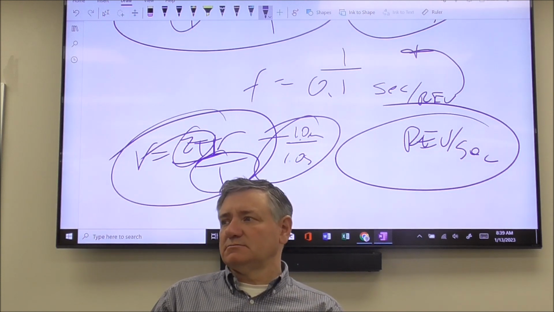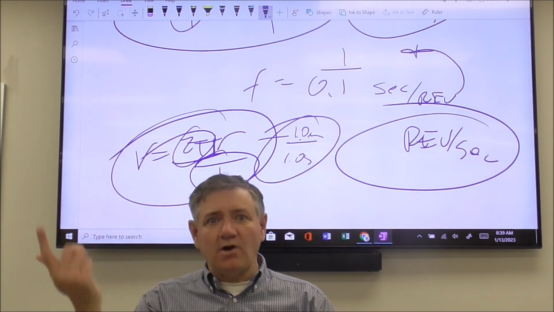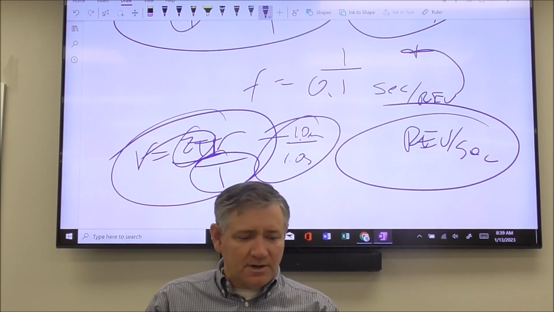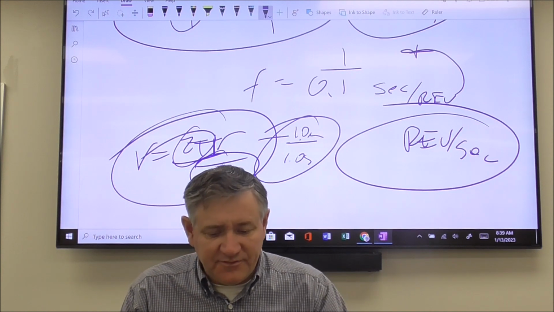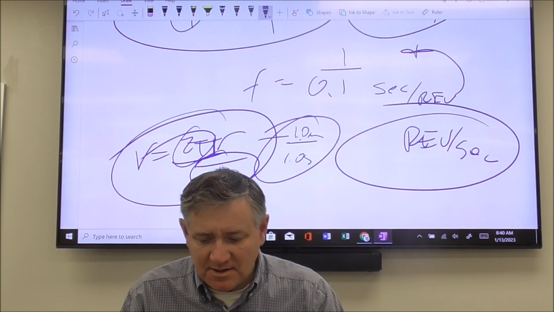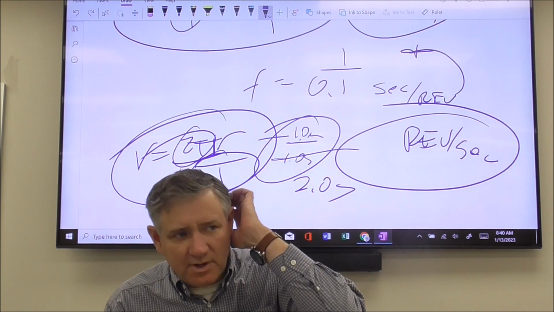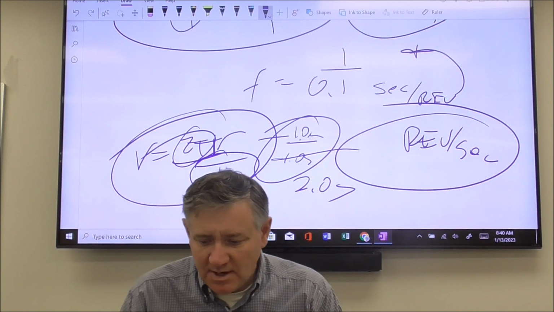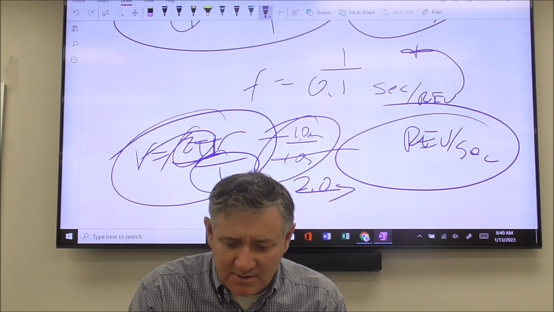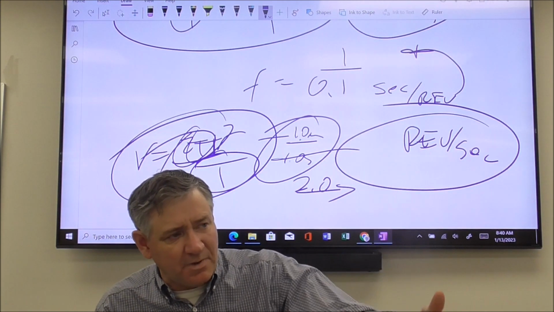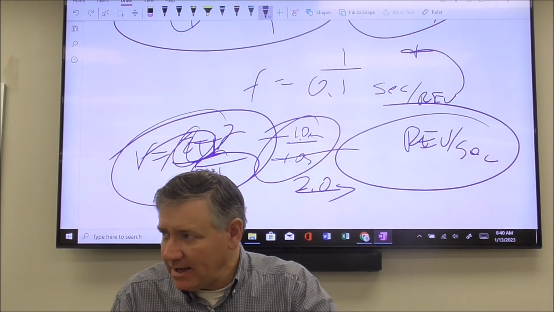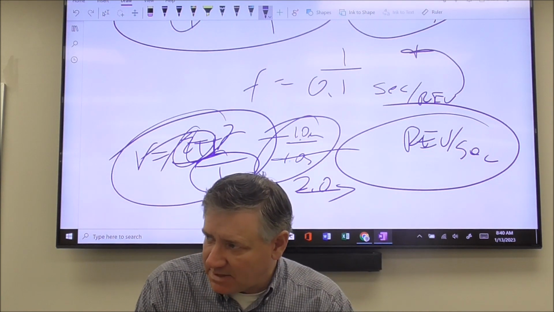Increase or decrease? Decrease, right? It took longer because it's going slower. So if you like smash mouth physics, you'd redo that calculation and put in 2 seconds. And then you'd see that cancels out. So basically I'm going to go from 2 pi to pi. The velocity is going to be half as much.